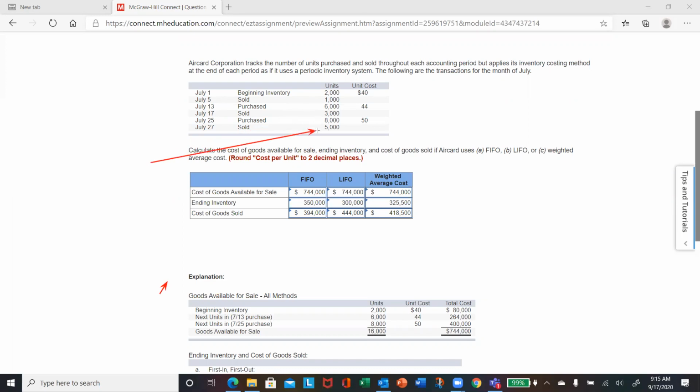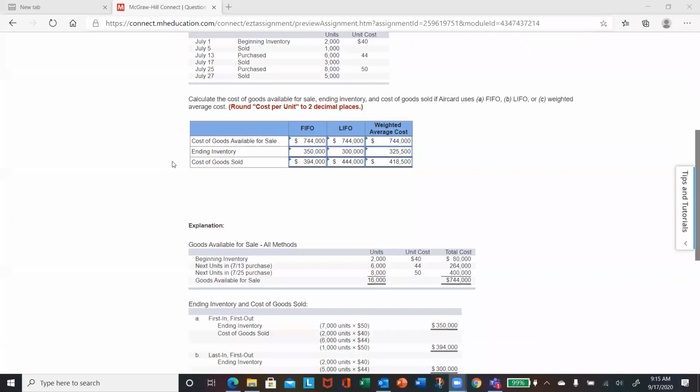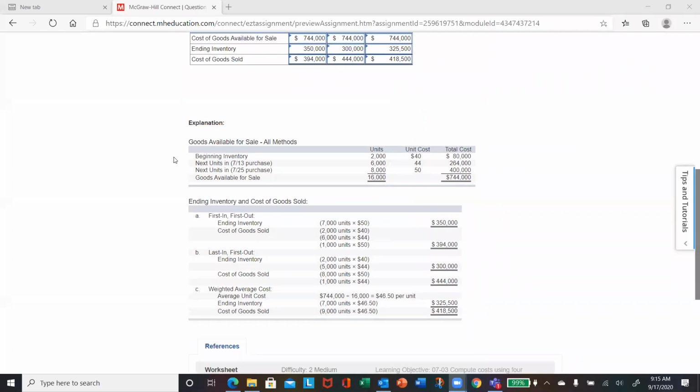So they got 9,000 units of inventory sales, and we'll need to take that into consideration. So we know that if we have 16,000 units and they sold 9,000 units, therefore there must be 7,000 units left in ending inventory.